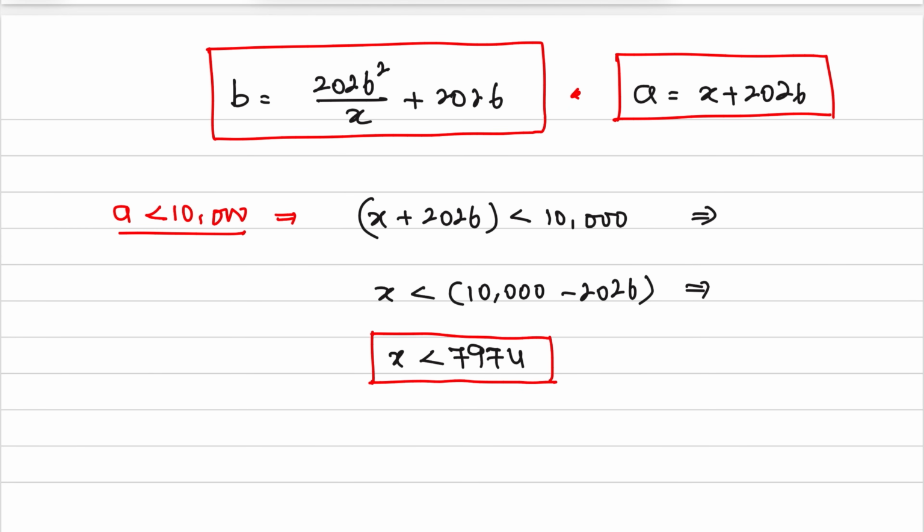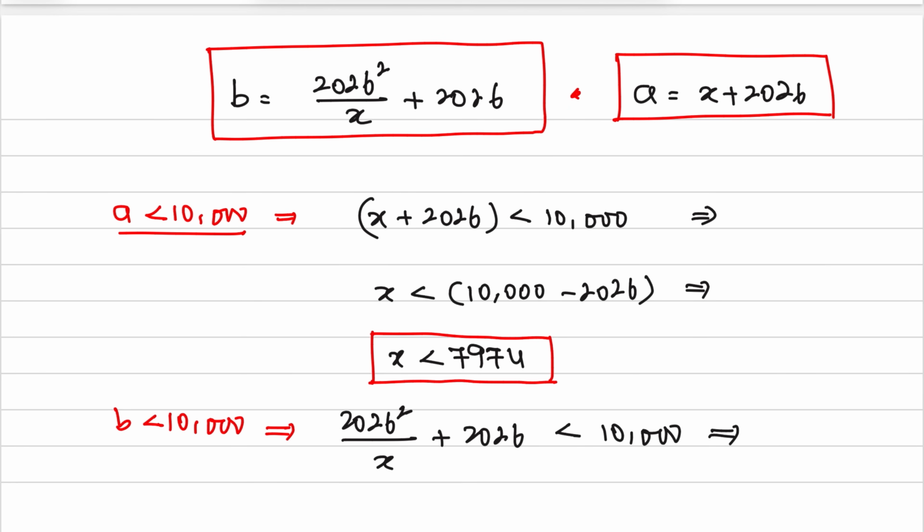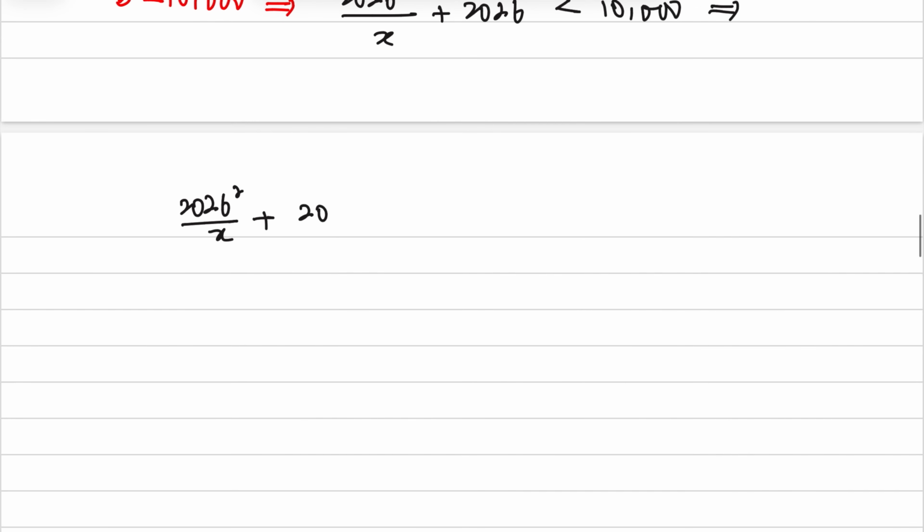Similarly, when B is less than 10,000, that implies 2026 squared by x plus 2026 is less than 10,000. That implies 2026 whole squared by x is less than 7974.